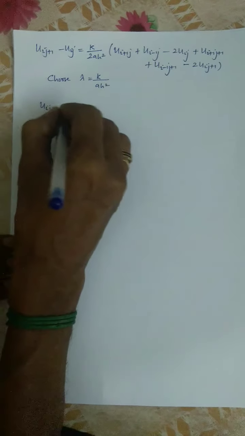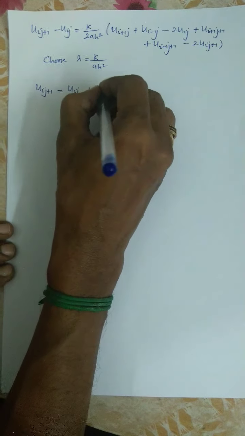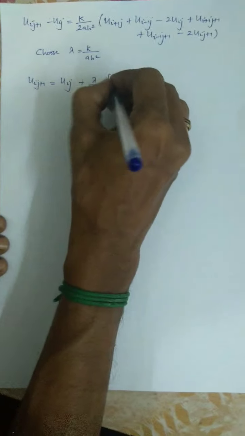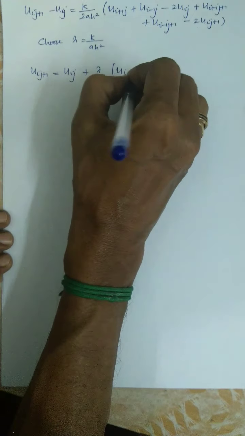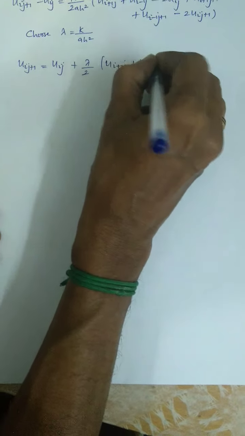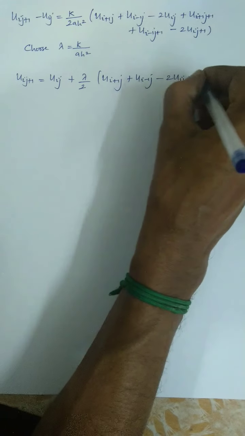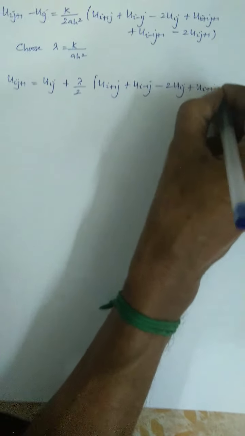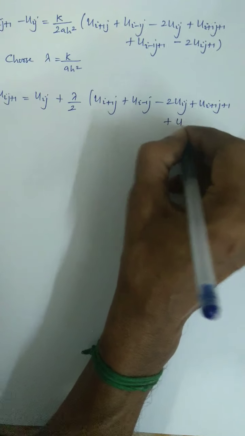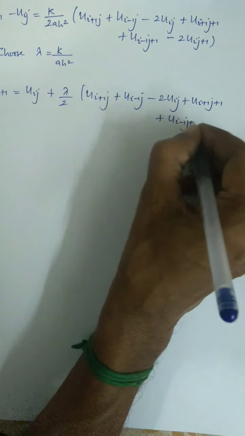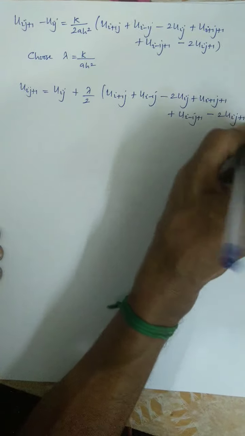U_i,j+1 equals U_ij plus lambda divided by 2 times (U_i+1,j + U_i−1,j − 2U_ij + U_i+1,j+1 + U_i−1,j+1 − 2U_i,j+1).